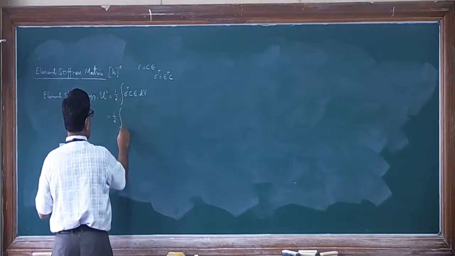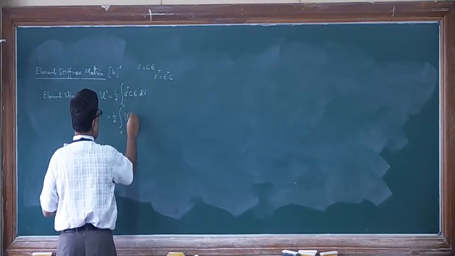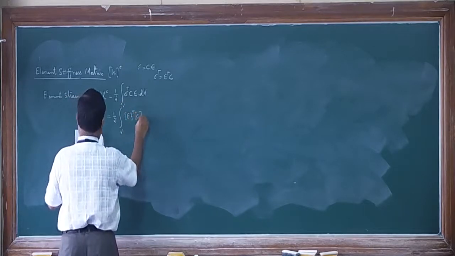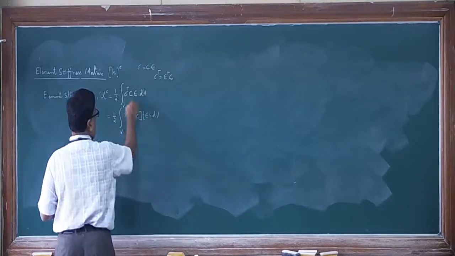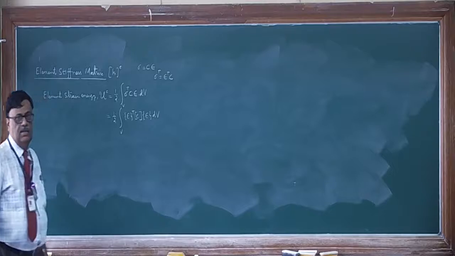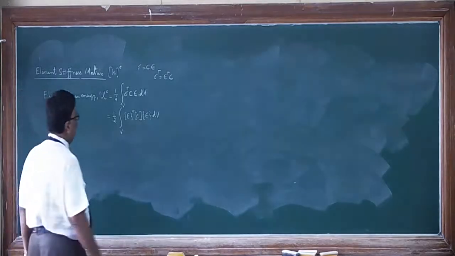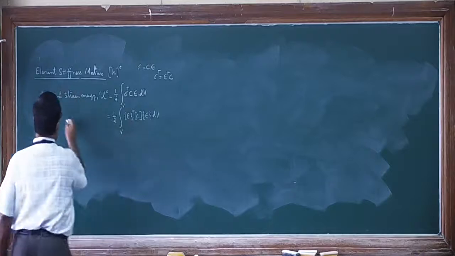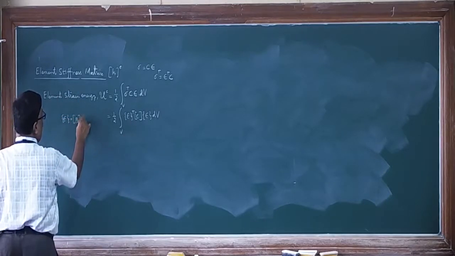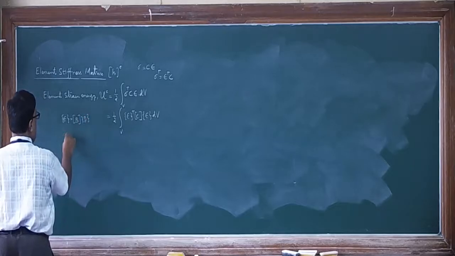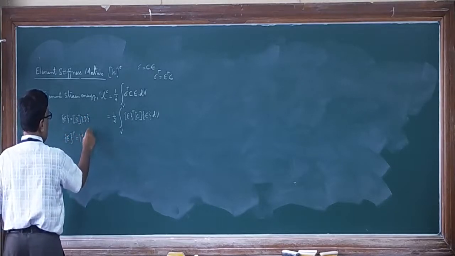So over the volume, it is epsilon transpose C epsilon dV. These are all, of course, matrices or vectors, not single terms. And since you know epsilon is equal to BQ, the transpose of epsilon is Q transpose B transpose.